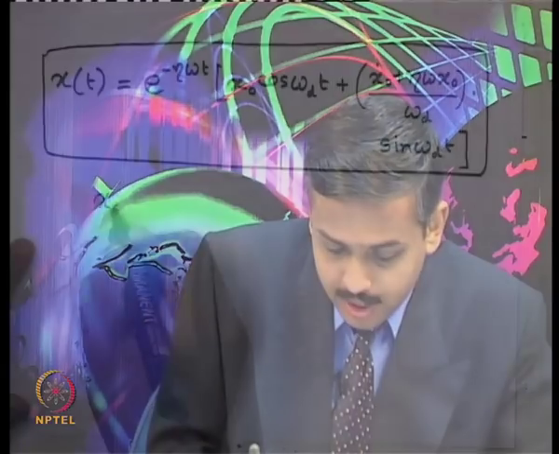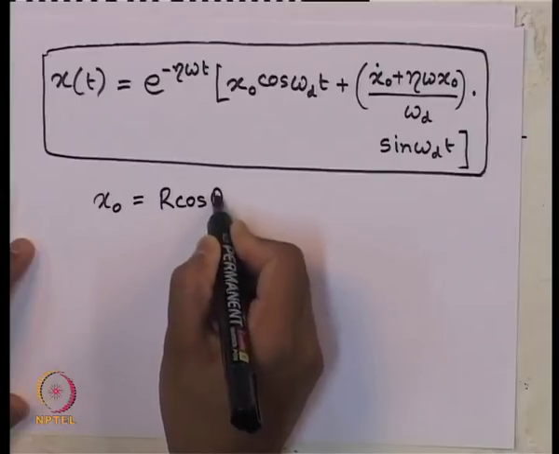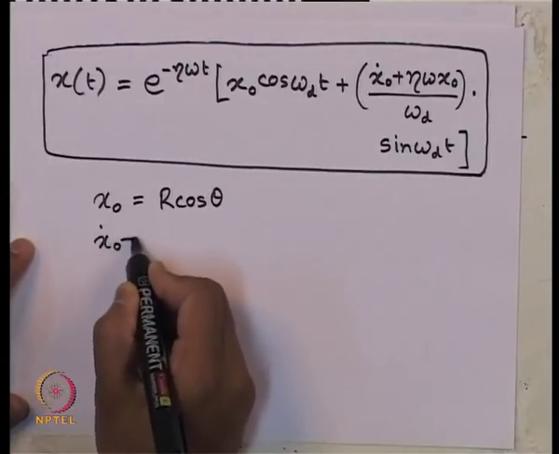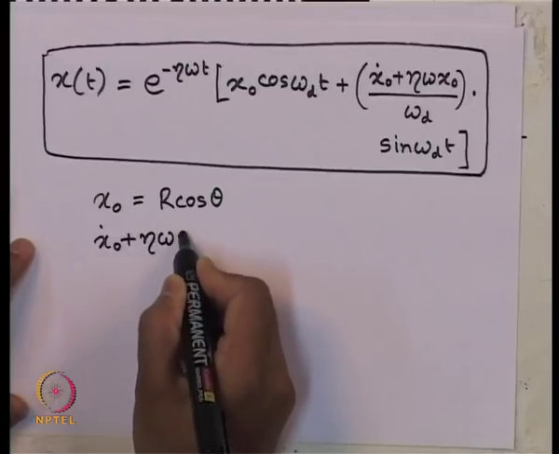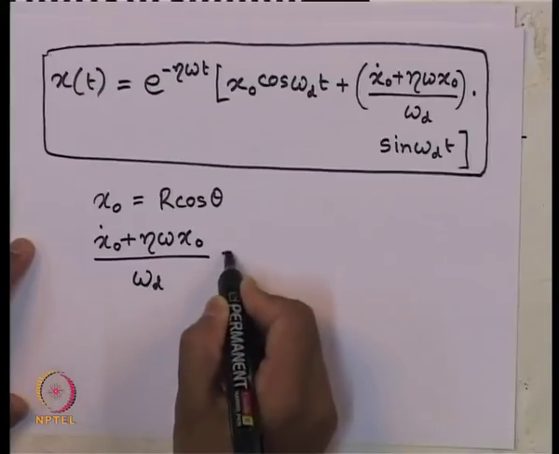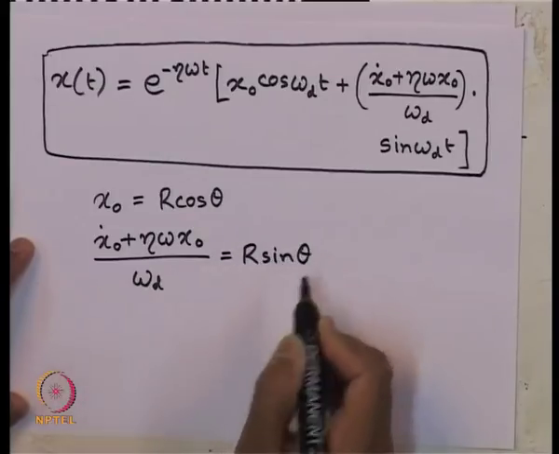Here also we can do that by expressing x naught as r cosine theta, and (x naught dot plus eta omega x naught) by omega d as r sin theta.